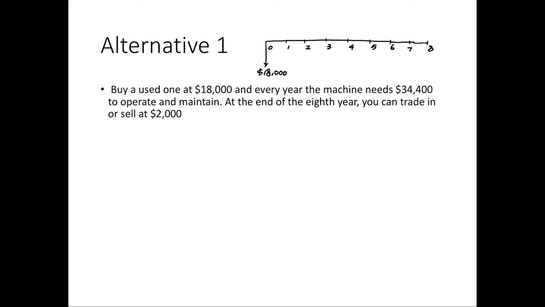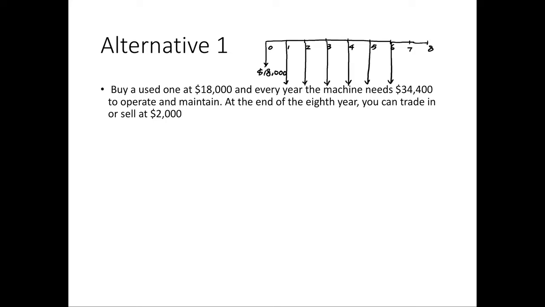And after that, at the end of every year, the machine needs 34,400 to operate and maintain. That arrow should be longer than the amount of 18,000, and it's still going downward because that's the cost.